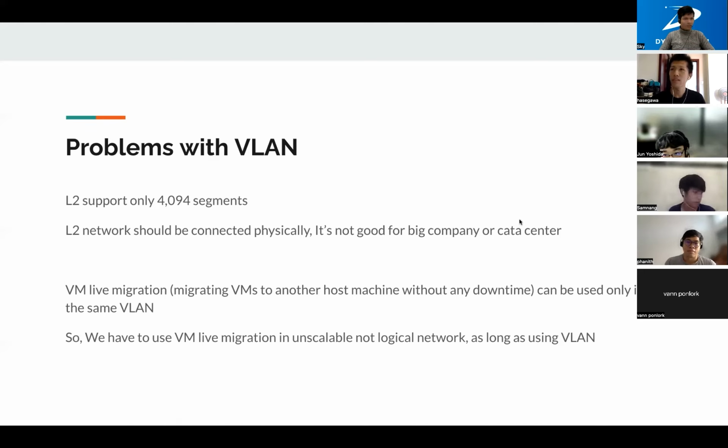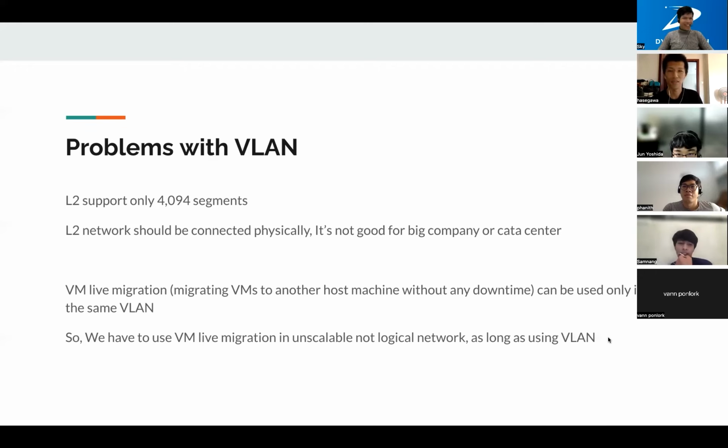You can turn off your monitor video. It's okay.